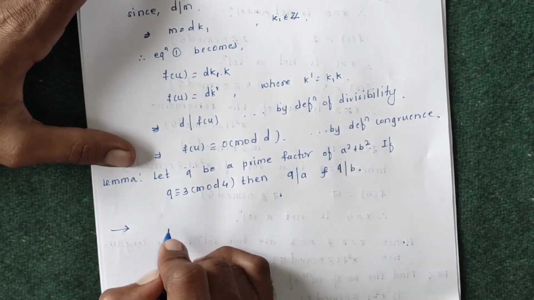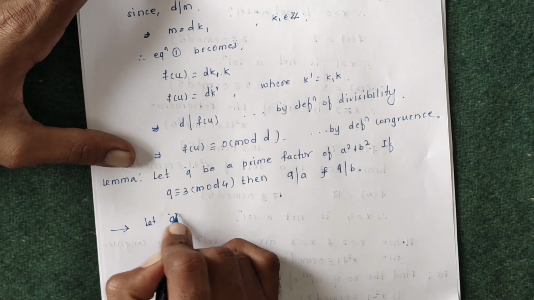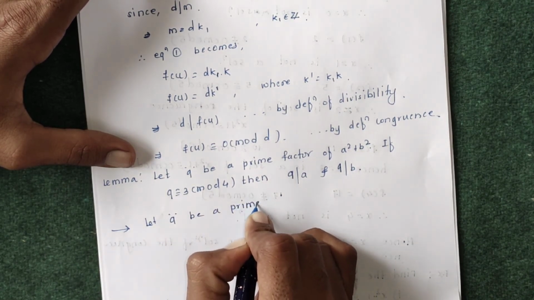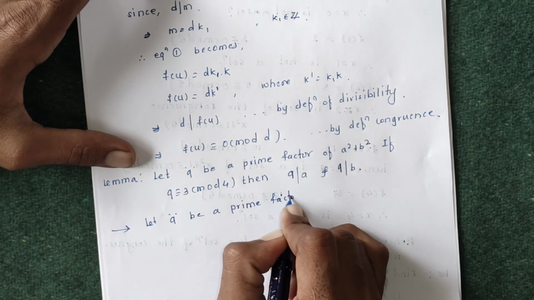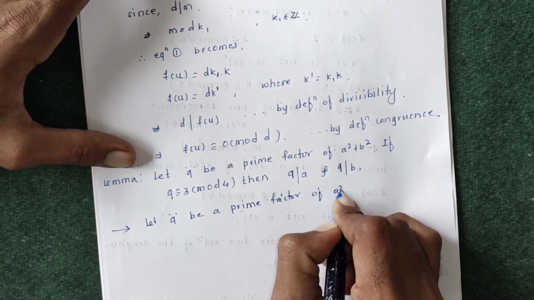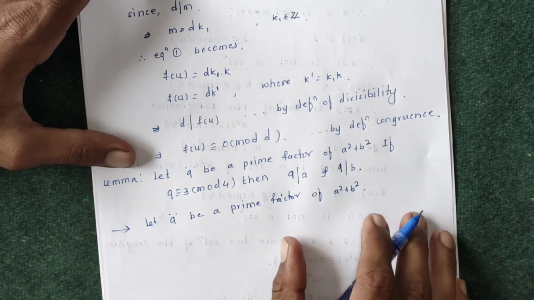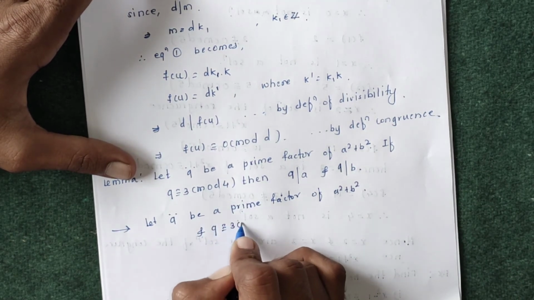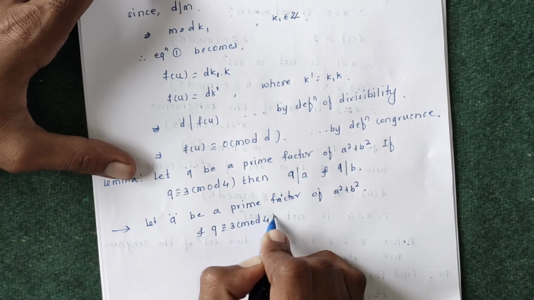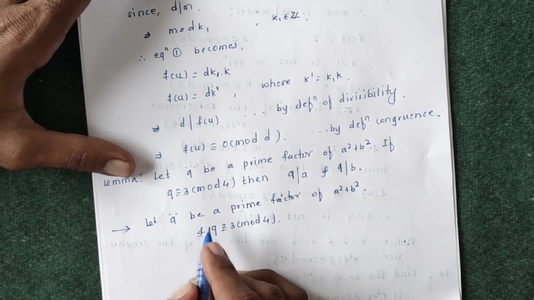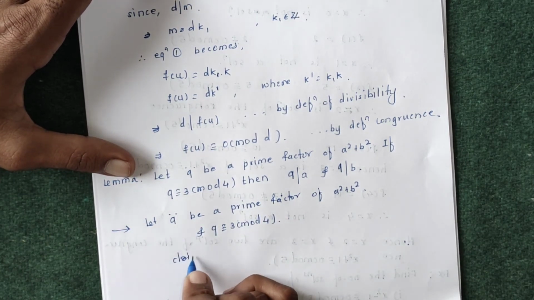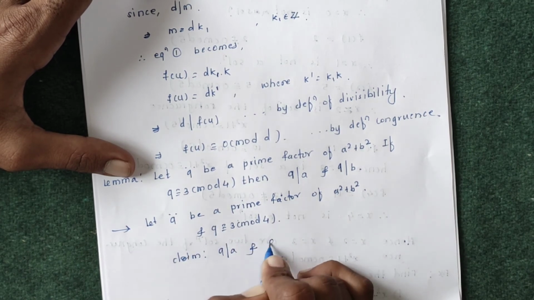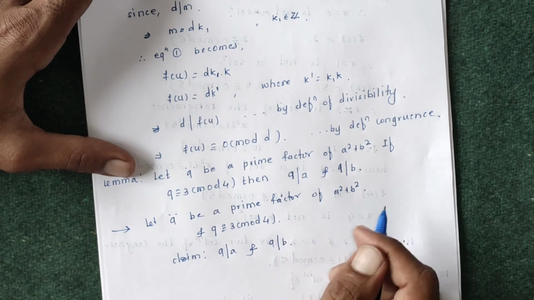We are going to prove this. First of all, in the proof of the lemma, let q be a prime factor of a square plus b square, and also we have given q is congruent to 3 modulo 4, and our claim is q divides a and q divides b.